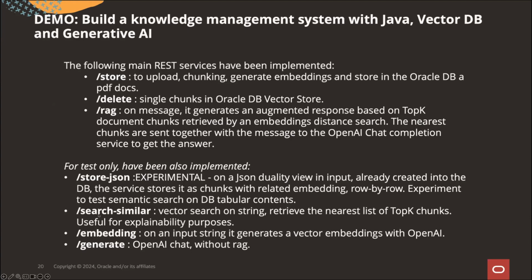To understand what the output is for your question compared with the chunks found in the full RAG pipeline, you can also ask for search similar, which provides the top chunks that have been found inside the database, and eventually the embedding. And there is a generate endpoint that is able to call the OpenAI service directly, so you can compare the difference between a response coming from a RAG pipeline and a generic OpenAI request.